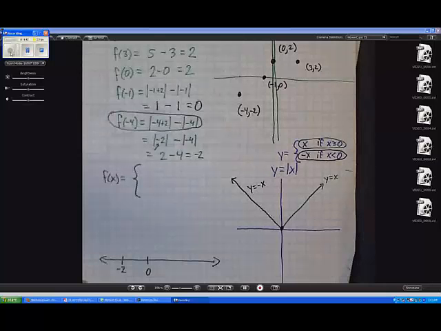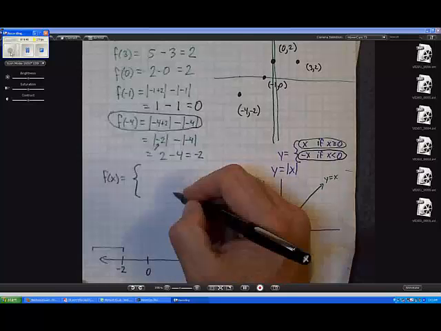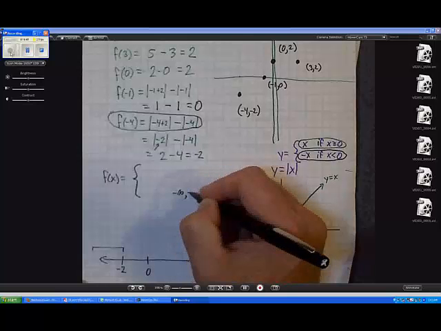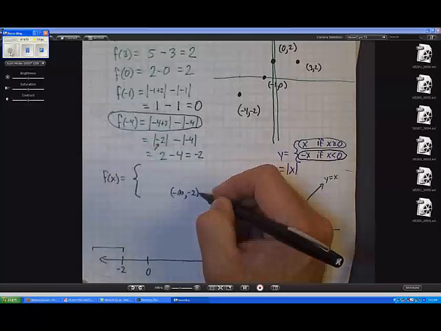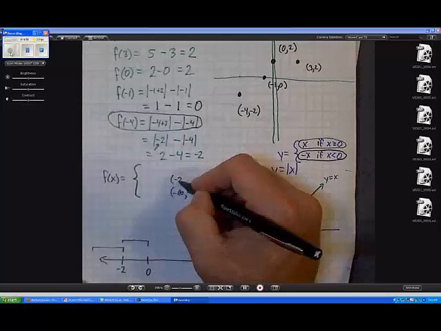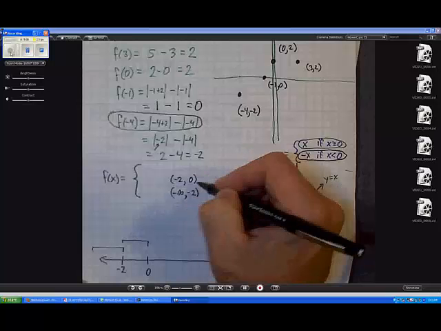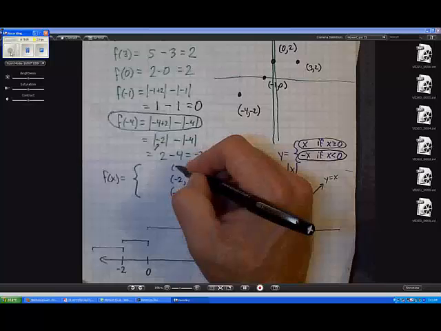I need to worry about this interval from negative infinity to negative 2. I need to worry about this interval from negative 2 to 0. And then I need to worry about this interval from 0 to infinity.